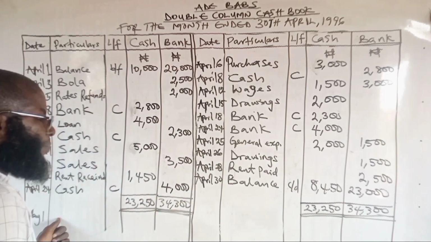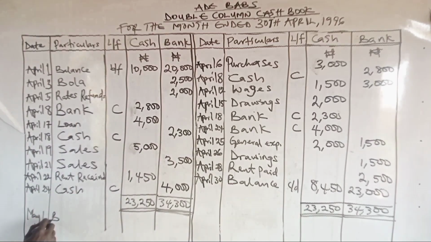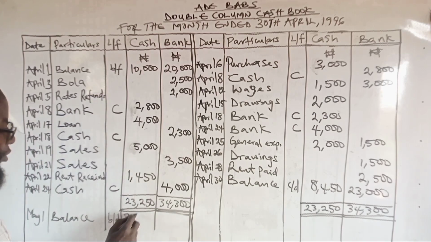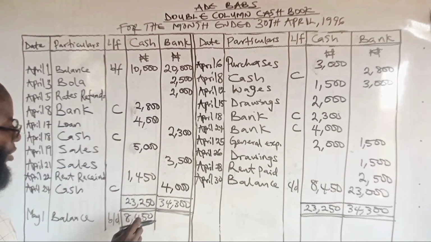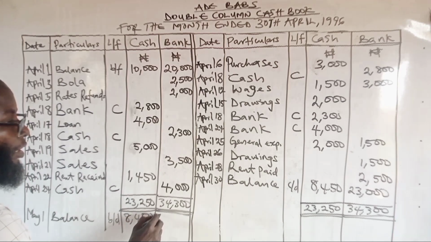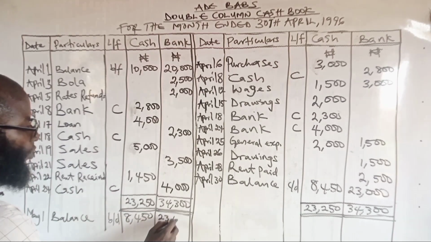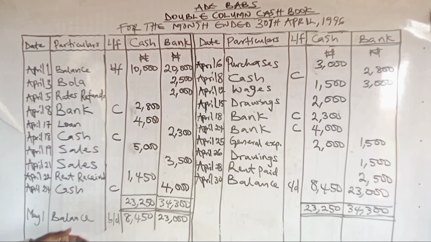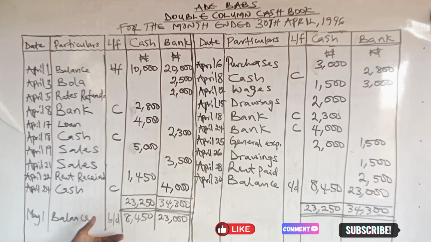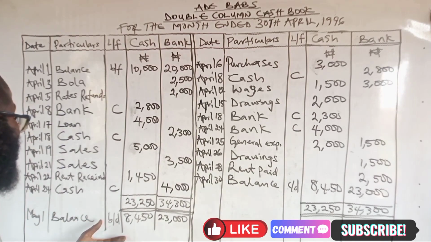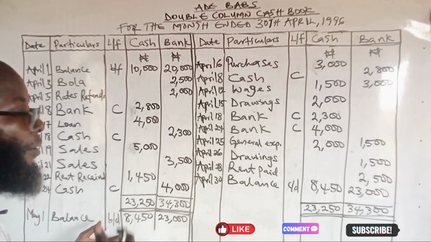I will now bring them here. Balance brought down. I have 8,450. Then we have 23,000 naira. This will represent the opening balance in the month of May.